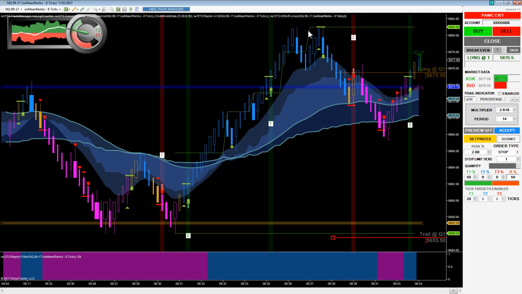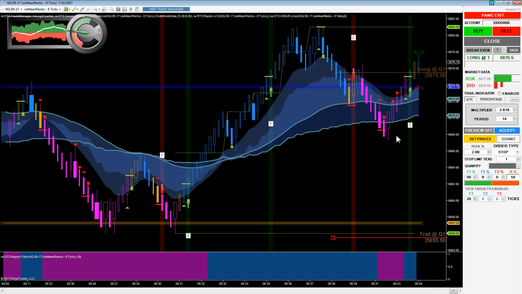Now, if you're looking sometimes for places to add to positions, the easiest places to add extra contracts is, in this case, because we're buyers, above the swing high. I suppose you could have added on another one right here. You can also use the signals. So we've got a hard edge bounce, a number 3 signal.